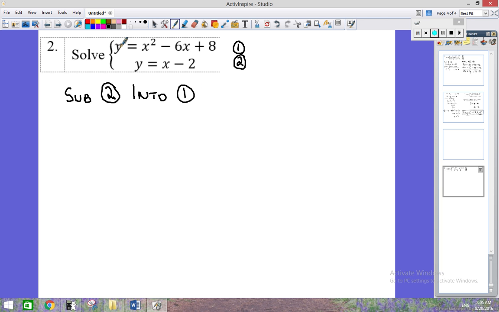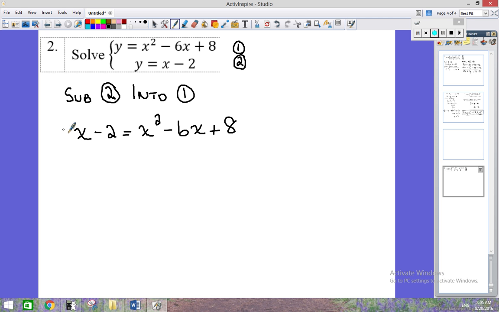So on the left hand side, instead of writing y, I can replace it with x minus 2. Well, now you have an equation that you're pretty familiar with. You've seen this in multiple classes. You know, you see it in algebra 1, algebra 2, and you even see it in geometry. So we can solve quadratic equations by several different methods. The king of the methods, the one that will always work, is the quadratic formula.